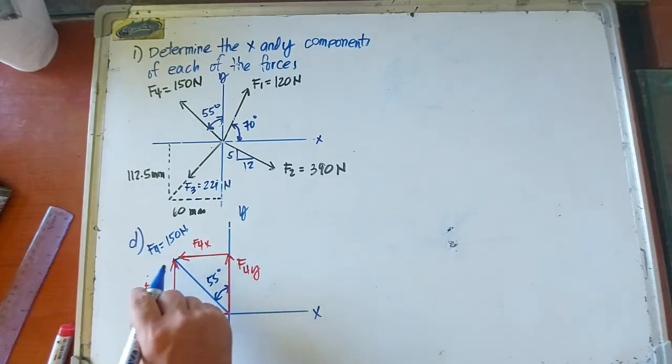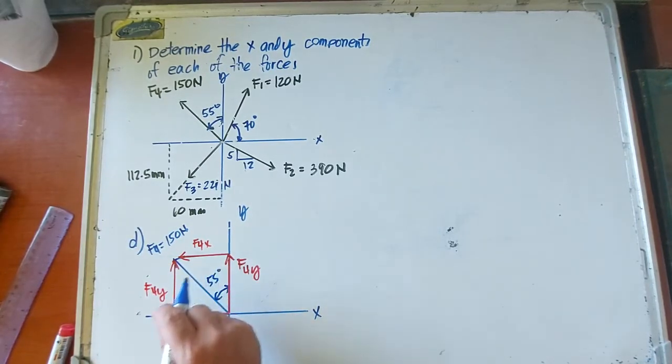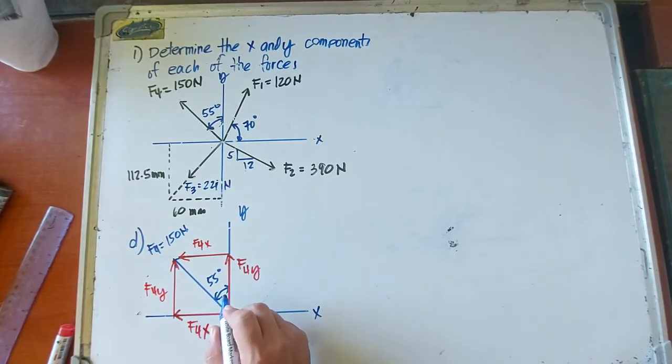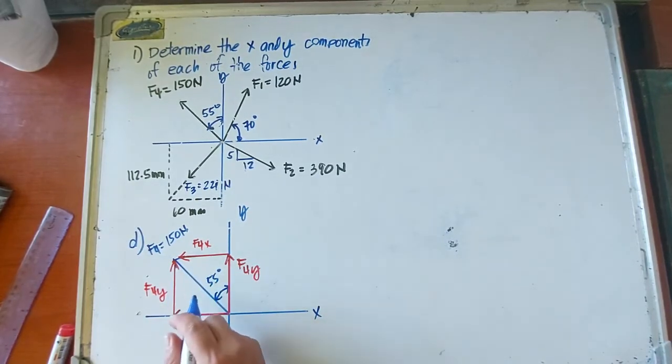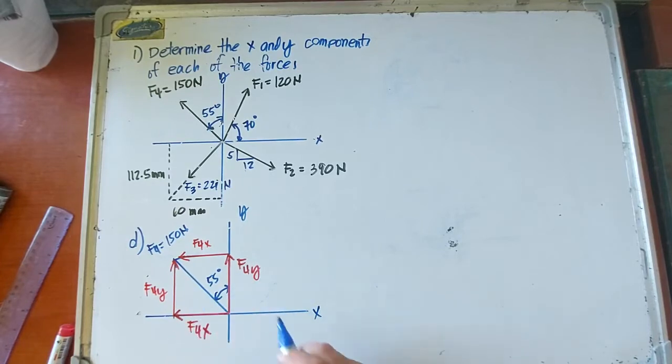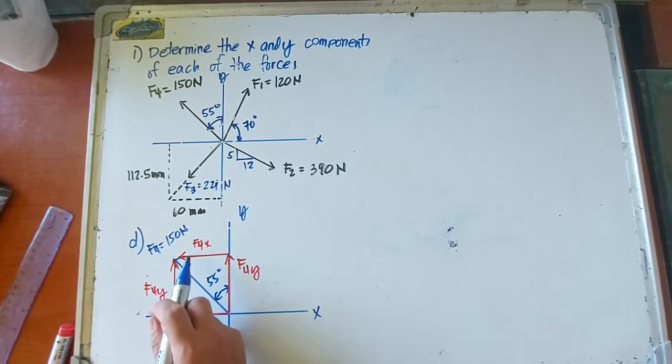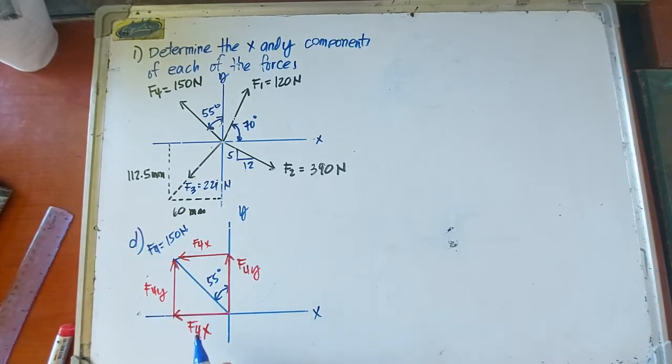So using the parallelogram method, form tayo ng rectangle. You can analyze any of the two triangles formed here. So ito yung force natin, F4. So drawing tayo ng parallel lines relative to each axis, relative to X and relative to Y.